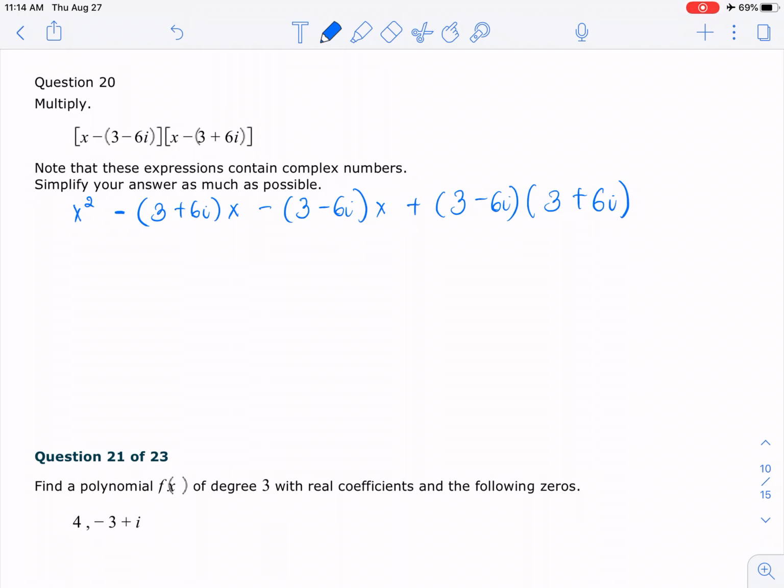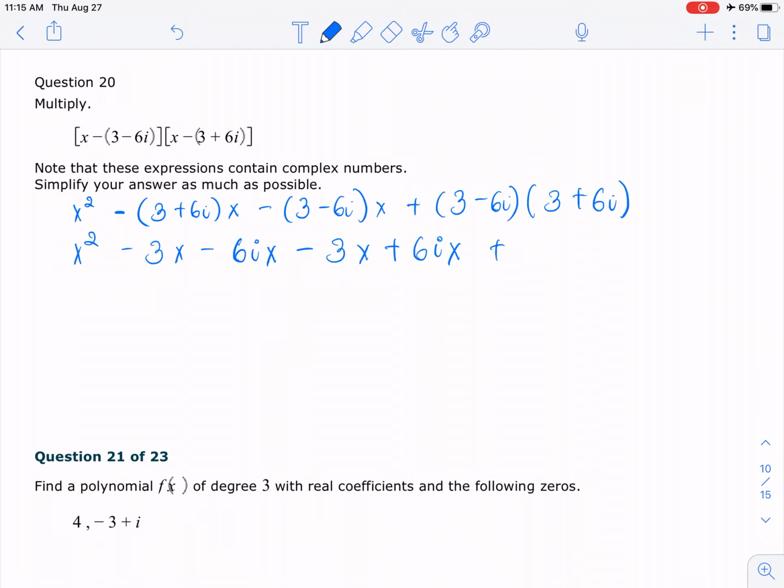So you can see that right here we have negative 3x minus 6ix minus 3x plus 6ix.